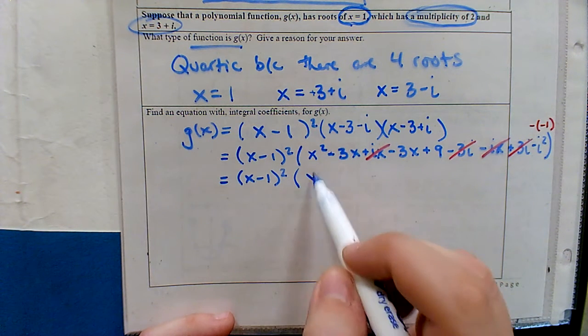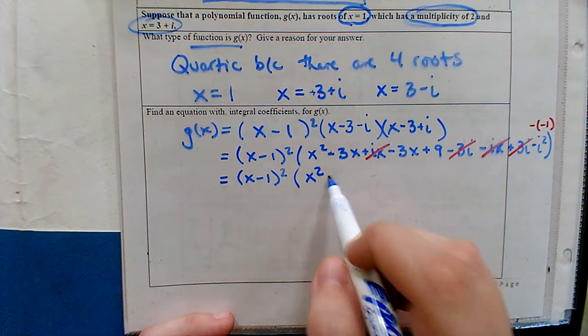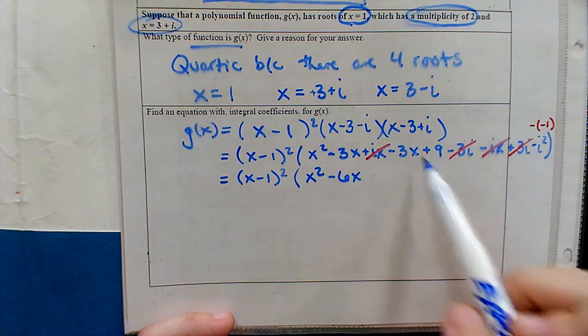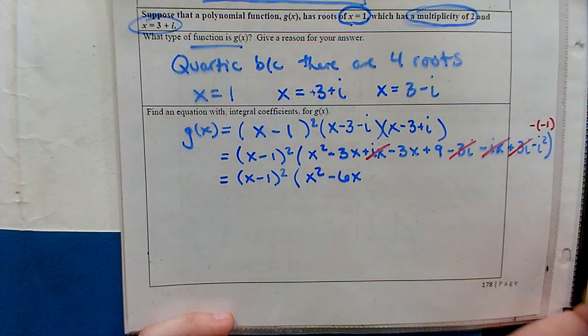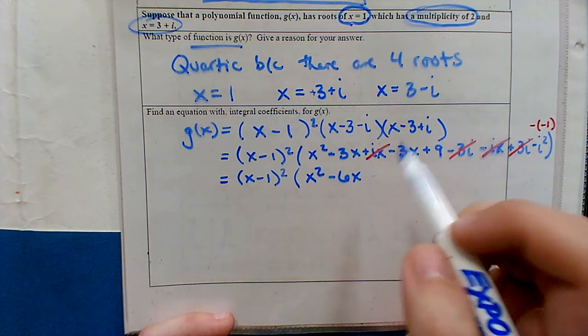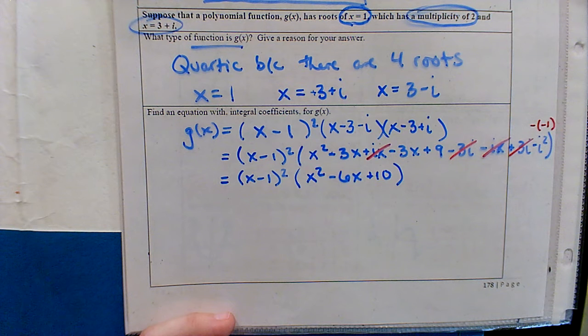So we have an x squared, a -3x and another -3x would give us a -6x. And then we're left with a 9 minus a -1, which would change to a +1. So that would leave us with a 10. All the i's are gone, which is great.